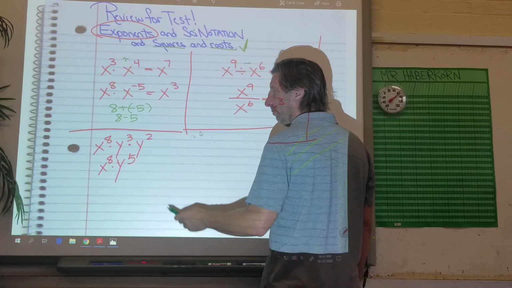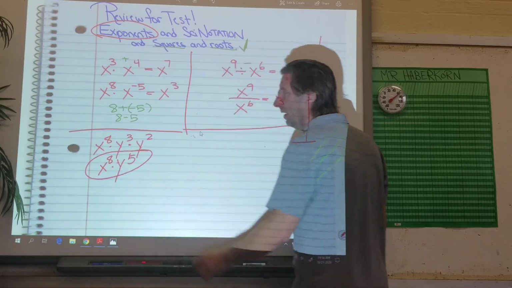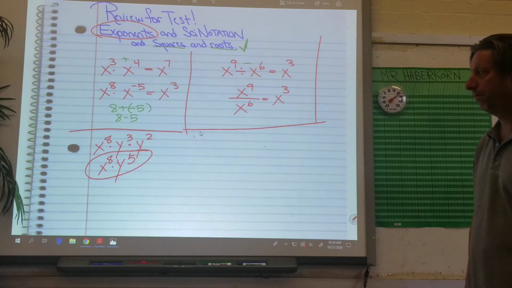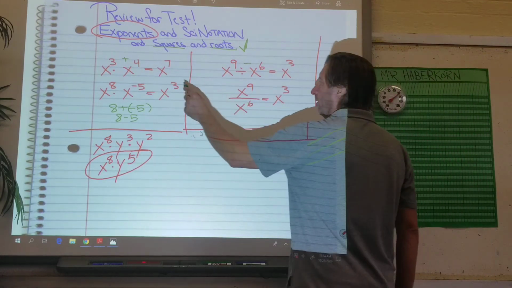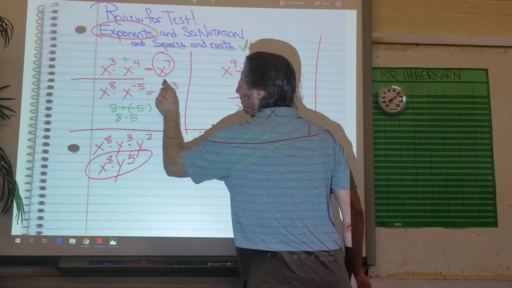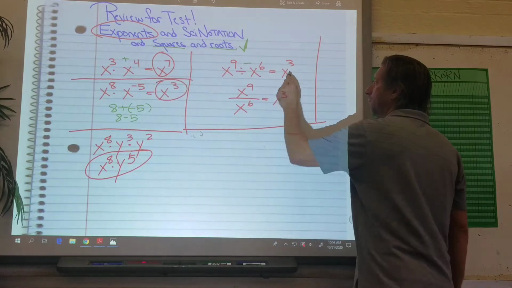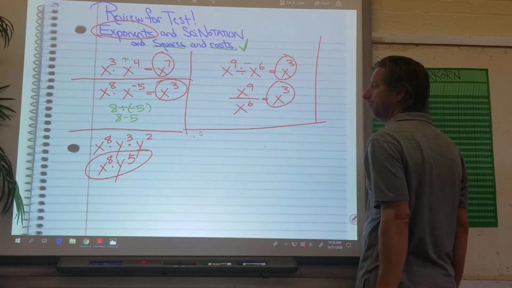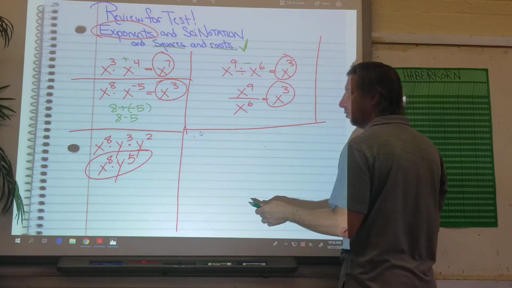That would be my answer. That's the best I can get. I cannot combine those together. They have different bases, okay? So I'll circle your answers in these. It's a different problem, right? And then finally, exponents of exponents.